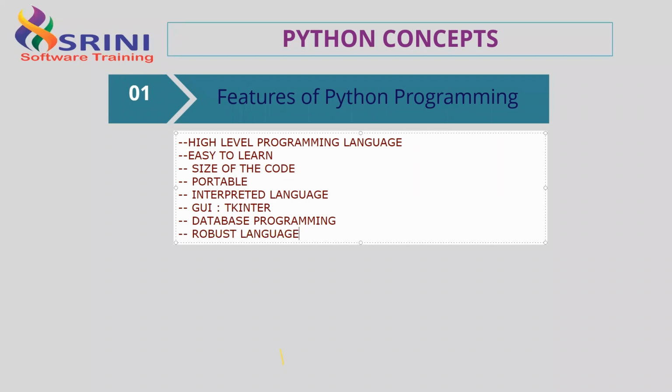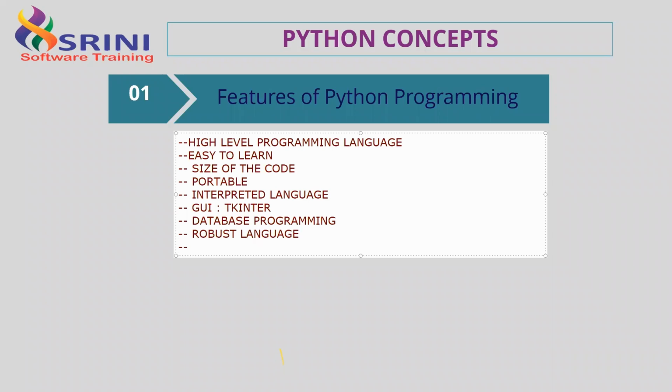But such great things might not be available in Java. Let's suppose, will you write neural network algorithms using Java? The answer is no. Will you do data science algorithms using Java? No. Like that, there are different drawbacks in Java. Python has upgraded to the next level, and a lot of applications can be handled where Java cannot. Clear? Therefore, it is a robust language.